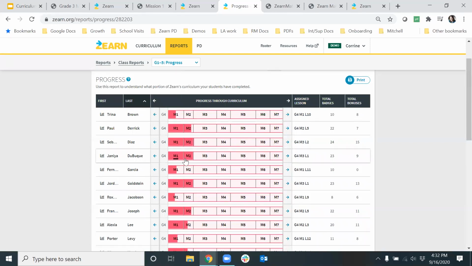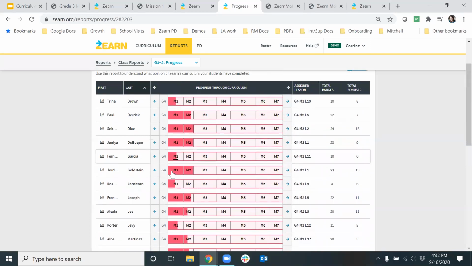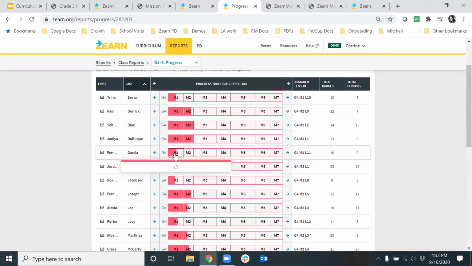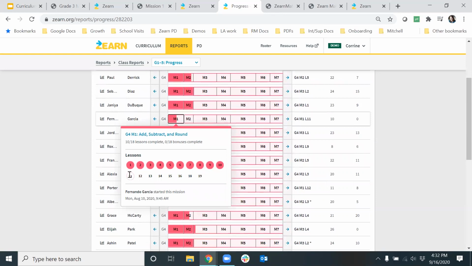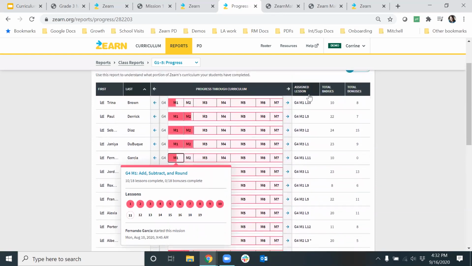So these little bars fill in as students complete digital content, and teachers can click into any one of those to see more detail about what students have done. And they can also see the assigned lesson, badges, and bonuses, just like they saw in the PACE report here. Okay, so the PACE and progress reports, again, show that lesson completion data as students are completing their digital lessons.